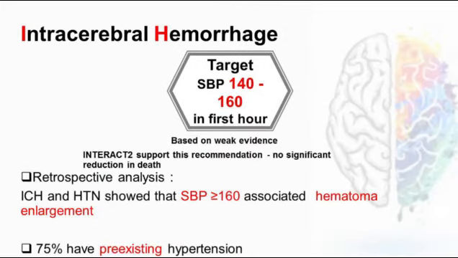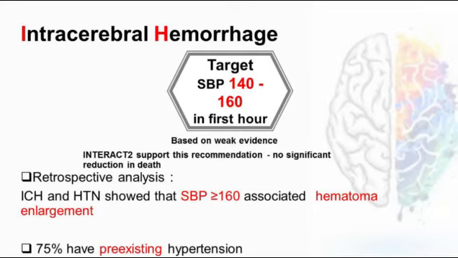Intracerebral hemorrhage: we have a target systolic blood pressure of 140 to 160 in the first hour based on weak evidence, the INTERACT 2 trial, which supports this recommendation, with no significant reduction in death. A retrospective analysis of ICH with hypertension showed that systolic blood pressure of more than 160 is associated with hematoma enlargement.